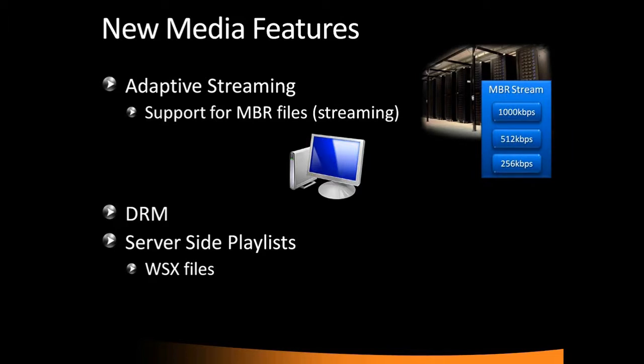So they publish streaming media at various different bit rates. And assuming that you have a fast enough pipe, then optimally you're going to want to consume that 1 megabit stream. And while things are going well, that's going to carry on and you'll be consuming that quite happily.